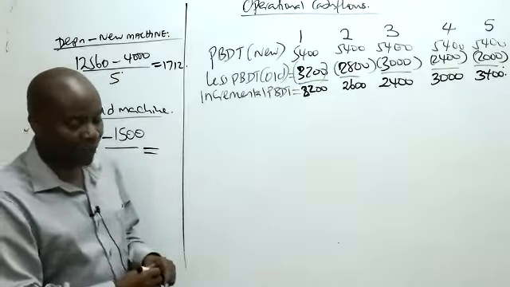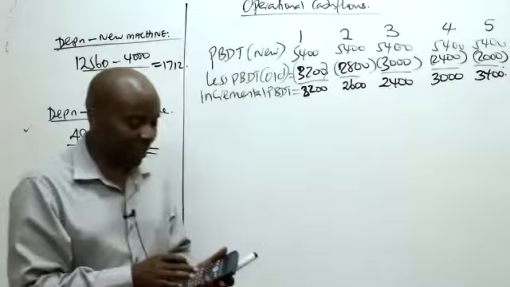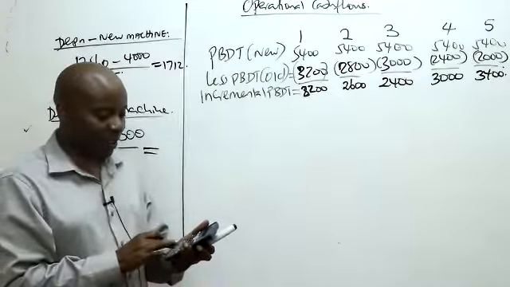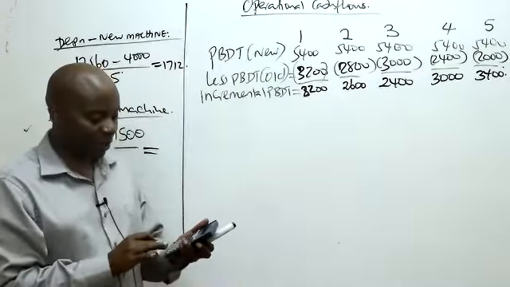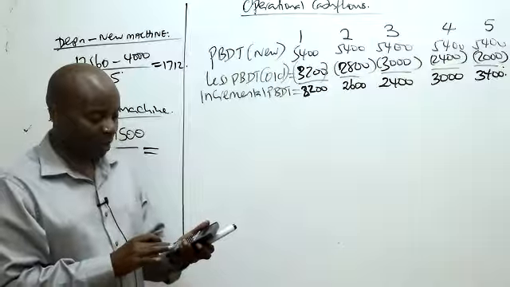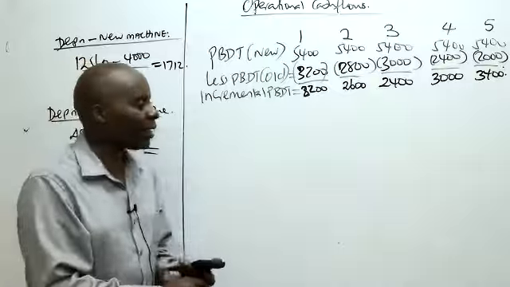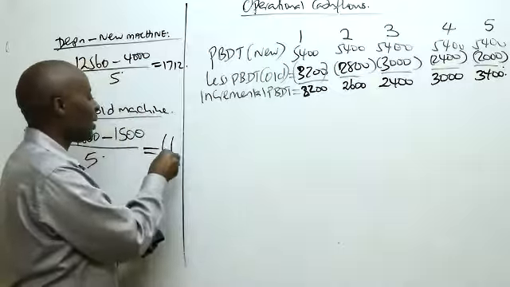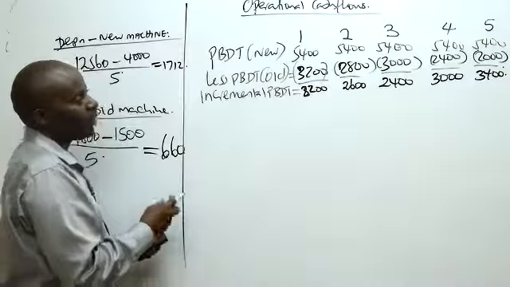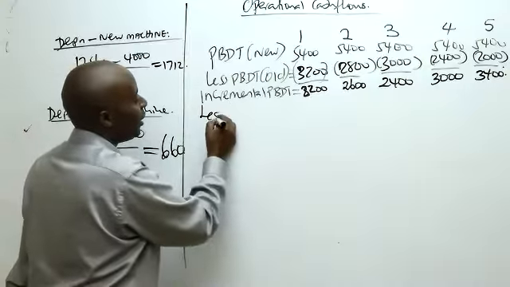4800 minus 1500 equals, divided by 5. We are supposed to get 660. Thank you very much for trying, although you are wrong there. So come and less depreciation here.